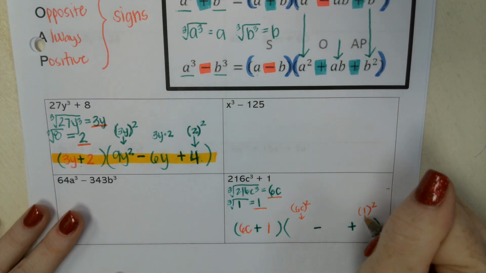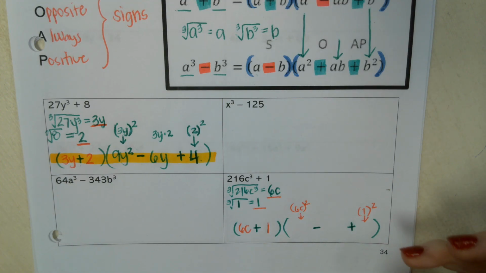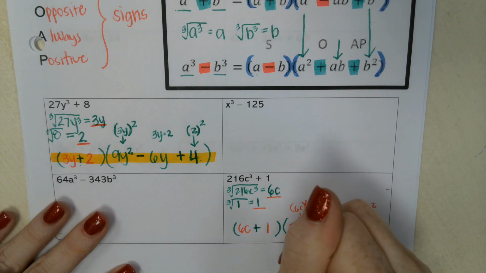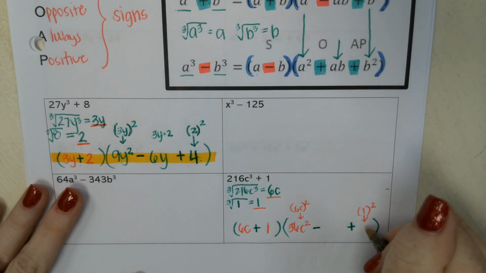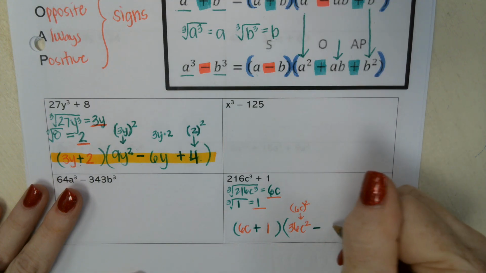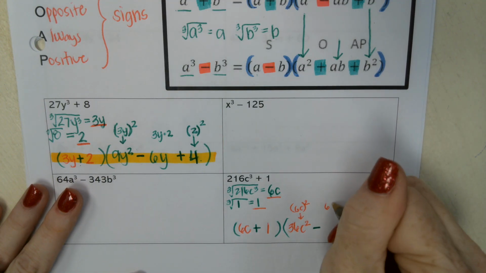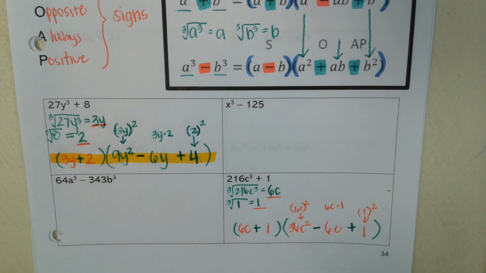That goes in the first and last position of my longer set of parentheses. What is 6c squared? 36c squared. Then I've got 1 in the back. What am I going to do to get the middle? Multiply 6c times 1, which is just 6c.